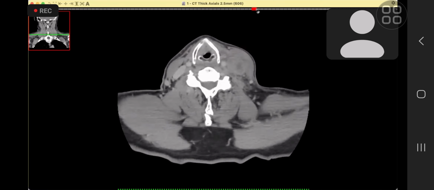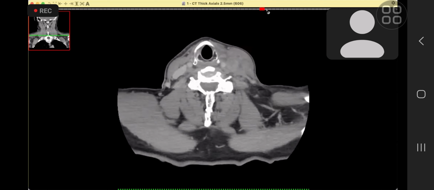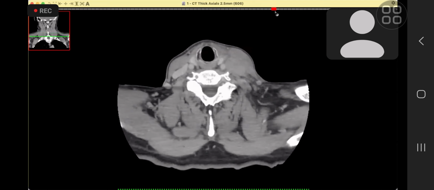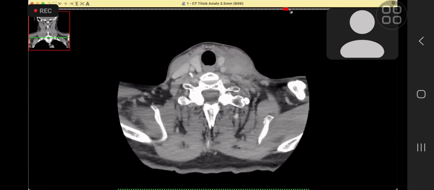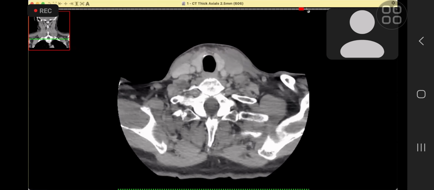Okay, so I have been presented with axial CT imaging through the neck, in which I can see that there is gross dilatation of the left vascular structure. I am presuming it is the internal jugular vein. Let me just follow it through.